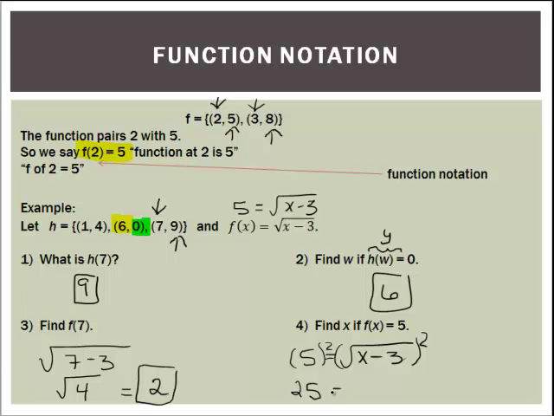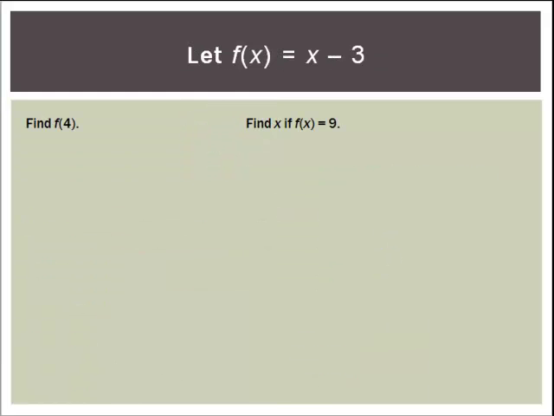So we get 25 is equal to x minus 3. And then you add 3 to both sides, so you get x is equal to 28. We found x. So f of 28 is equal to 5. That's what that one means.